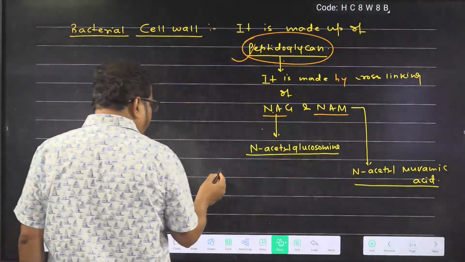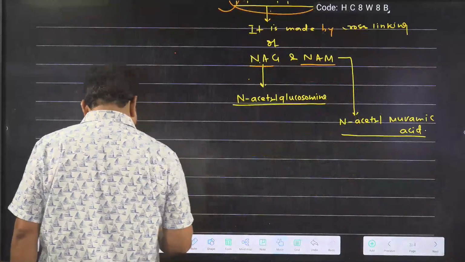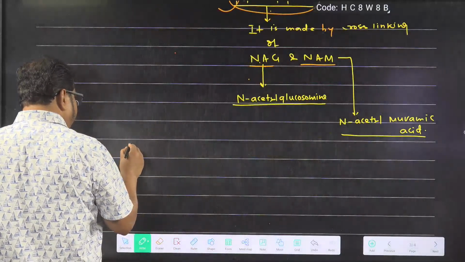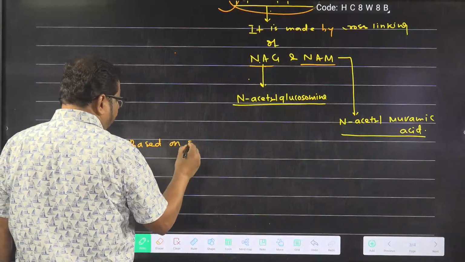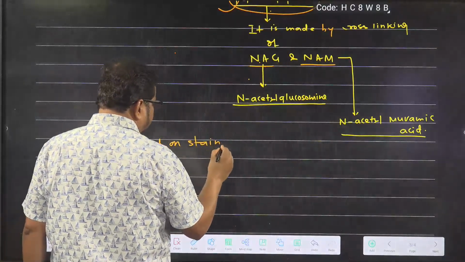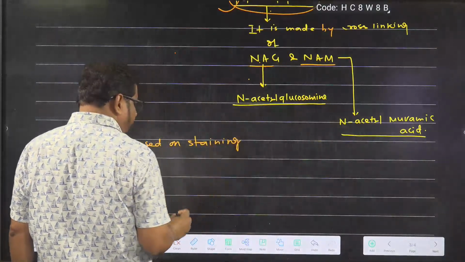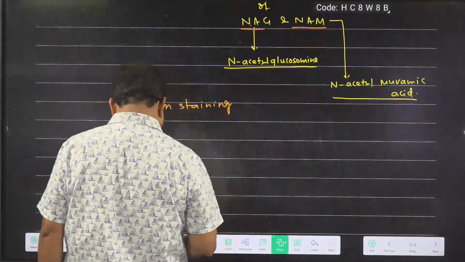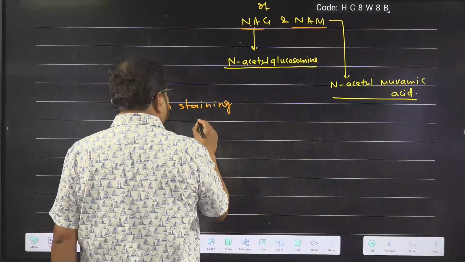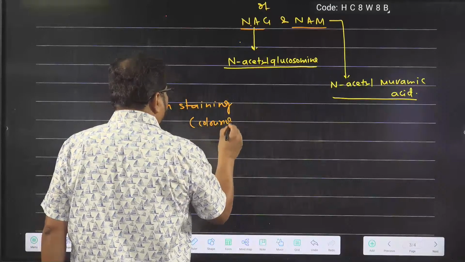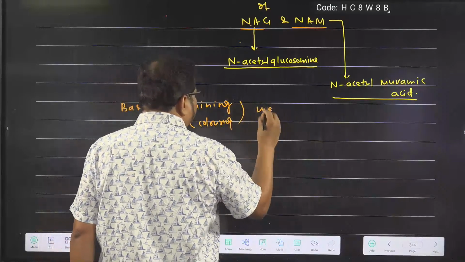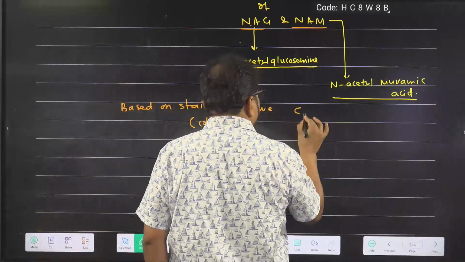Now NCERT wrote, based on staining. Staining means coloring by dye. We classify the bacteria into two categories.